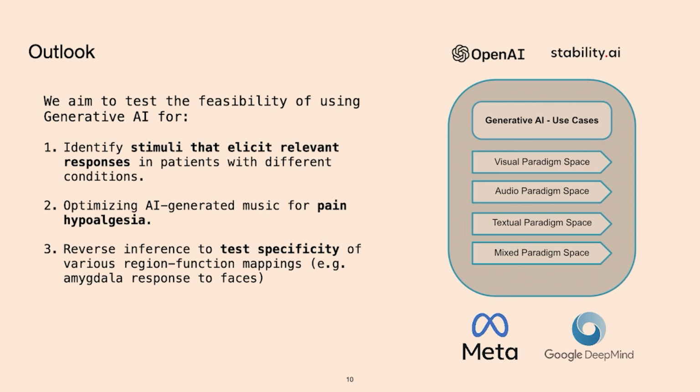We could, and this is one thing we're very fond to do, to try at least, is generate music for pain hypoalgesia, or we can just do reverse inference to test the specificity of various region function mappings. And we can plan to do that, or at least to try open source models, but we can also consider to use some more famous and known models.